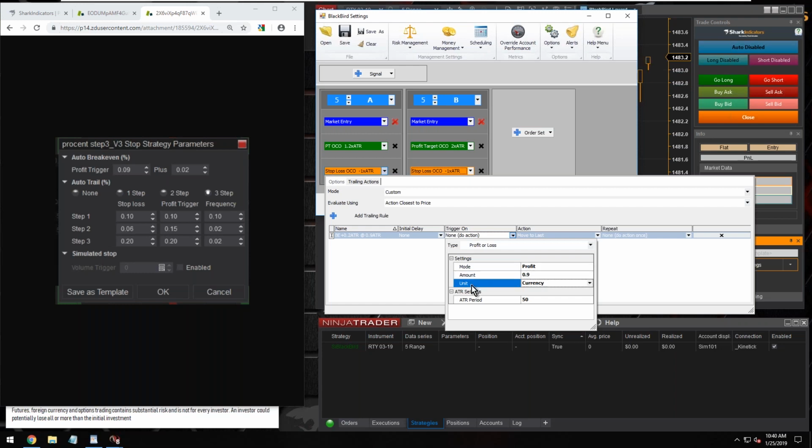And then the unit, instead of looking for currency, we want to look for an ATR. So we'll select the ATR. And again, you have an option here to adjust the ATR period. So let's just go ahead and match the other ATR period, and we'll type in 20. So we'll type in a 20 period there. All right, so this break even is going to trigger when we get a profit of 0.9 ATRs.